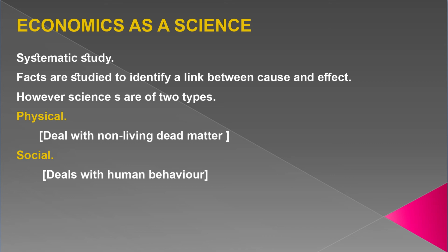However, sciences are of two types: physical sciences and social sciences. Physical sciences deal with non-living, dead matter, whereas social sciences study human behavior in society, who have free will and changing attitudes on different occasions.